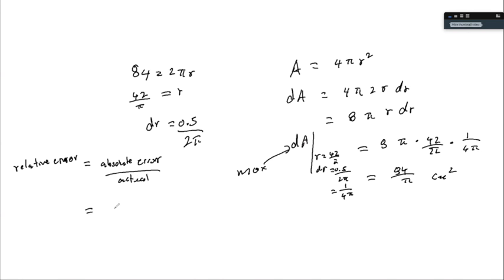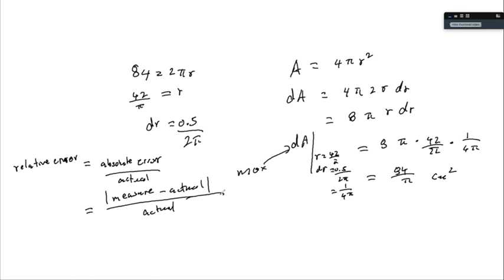So what is absolute error? That is basically the measure, the value that you get from the experiments, minus the actual, over the actual value. So that's basically the relative error formula. And if you want the percentage, you just multiply by what? The 100%.